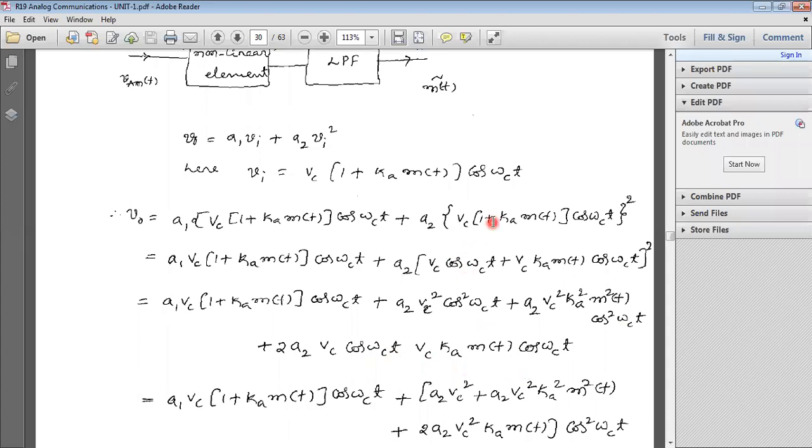Just substitute the Va value, multiply with Vc, then you get two terms in the form of a plus b whole square. Expand those terms and multiply with A2. Put the first term as it is.